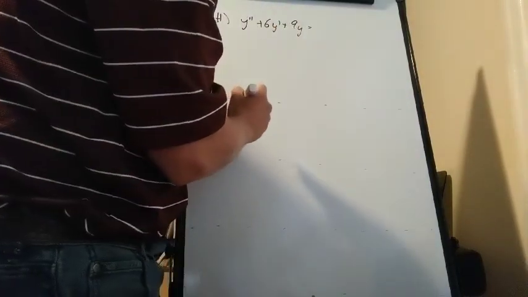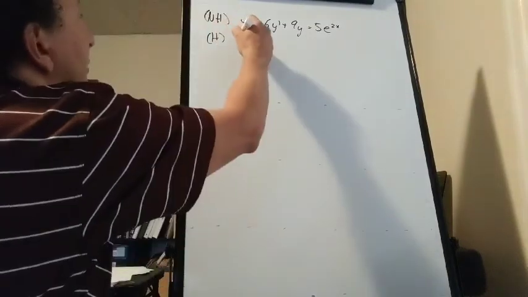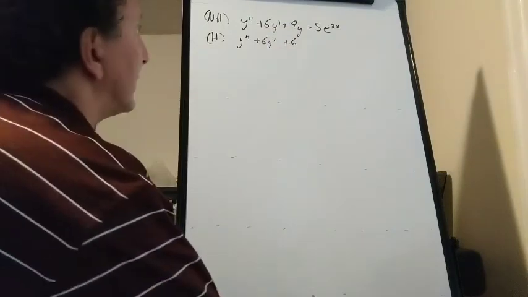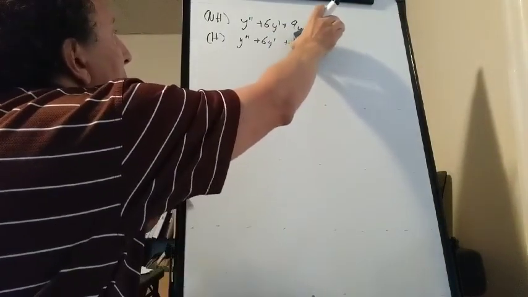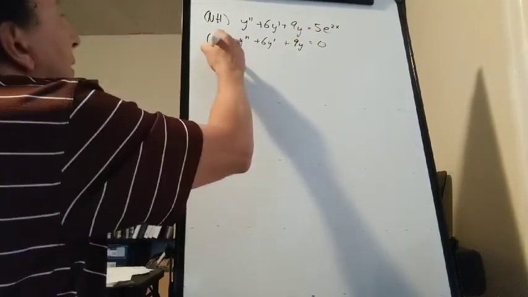All right, let's look at the example. Let's let our non-homogeneous equation be y double prime plus 6y prime plus 9y equals 5e to the 2x. Then the homogeneous equation is y double prime plus 6y prime plus 9y equals 0.